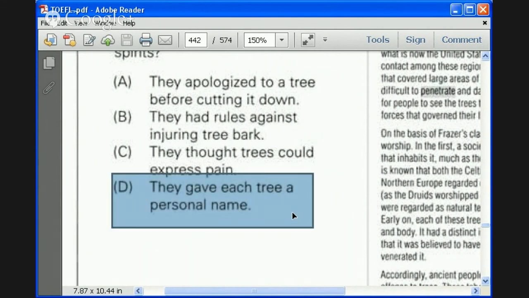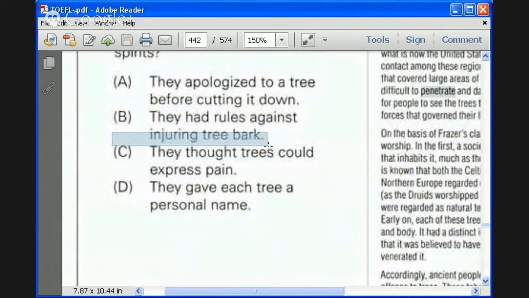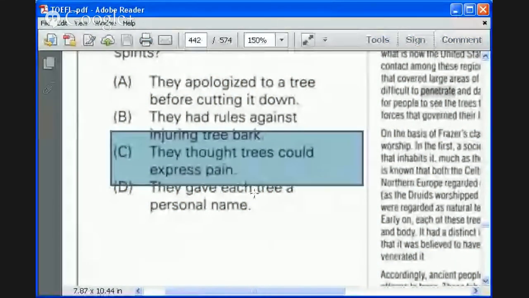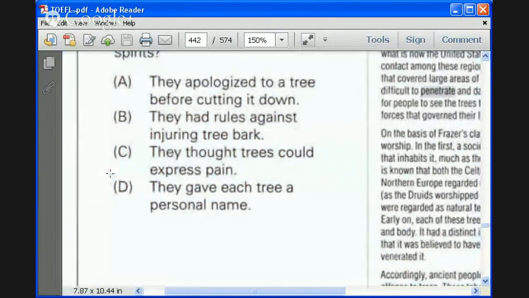So if you spent, I don't know, 30 seconds looking for something and you can't find the keyword, you might want to just go to the next one, because perhaps you found what's not there, right?